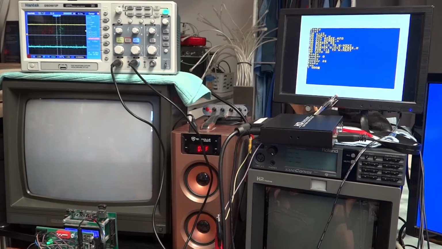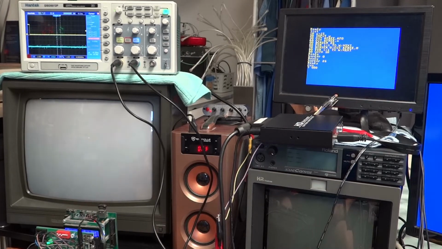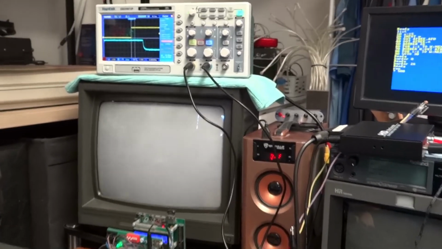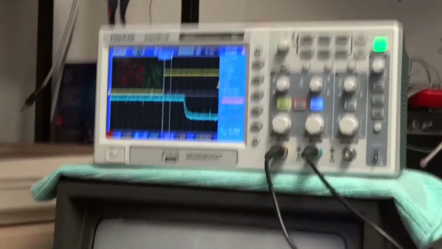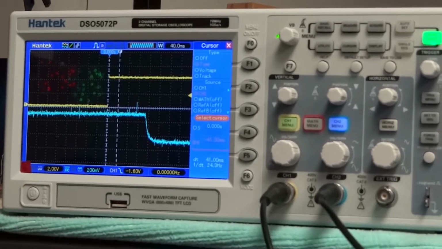So let's run it at 500, 5 times slower than on the CRT case where we used 100, and see what it does. Alright, let's zoom in a little bit here and see if we can figure out the delay from that.